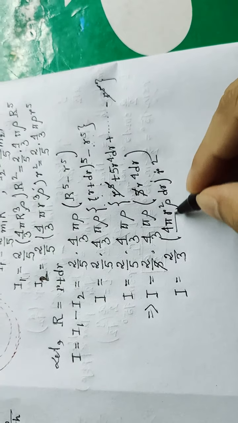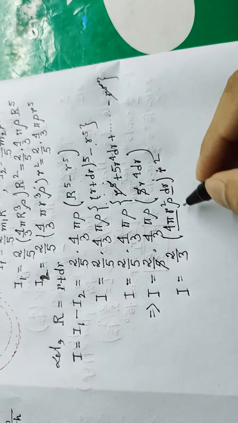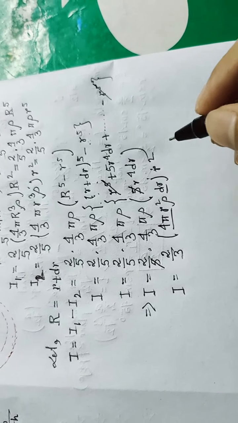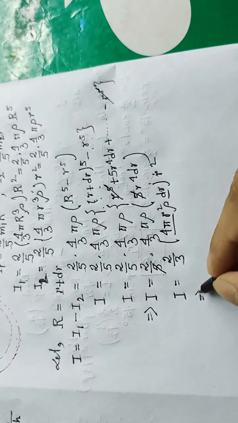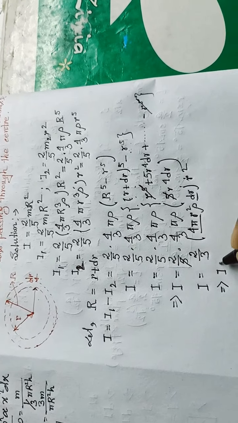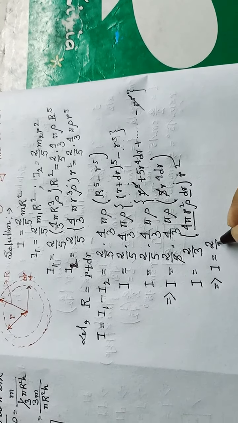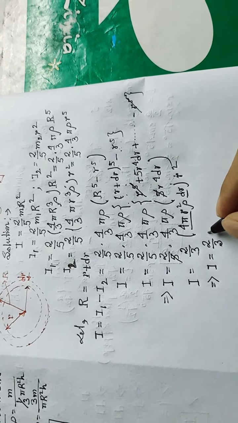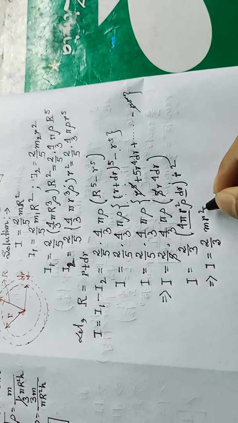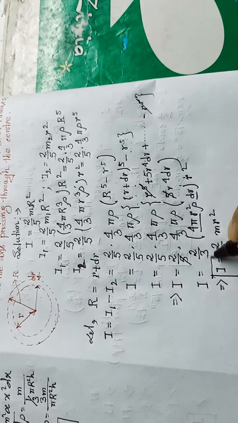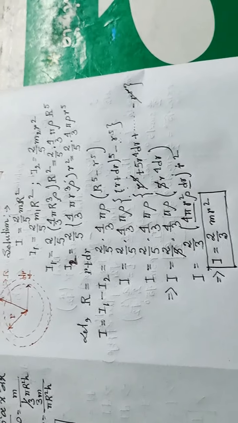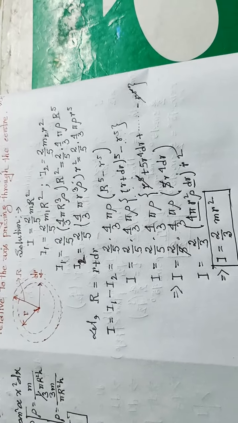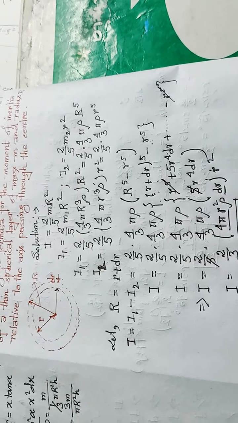But this 4 pi r square dr is the volume and rho is the density. So volume into density is mass. So we can write the moment of inertia for the spherical shell as I equal to 2 upon 3 m r square. So this is the formula for finding the moment of inertia for a spherical shell using the moment of inertia of a sphere.